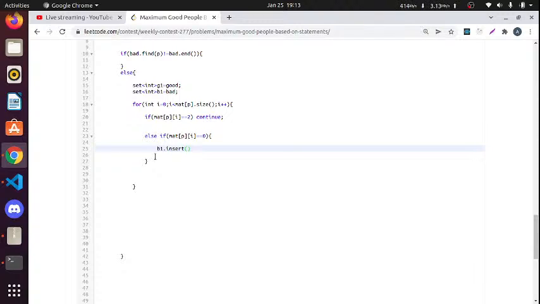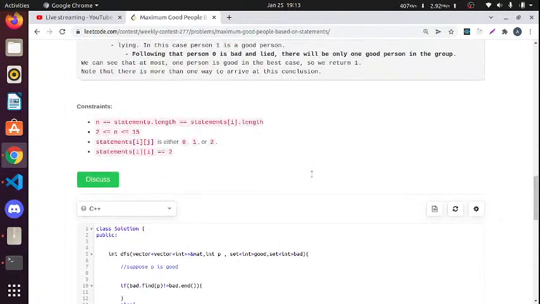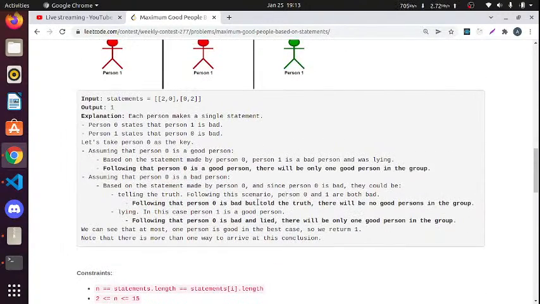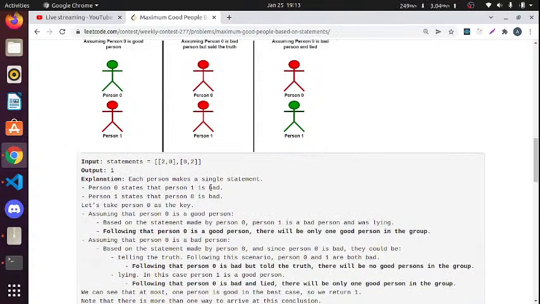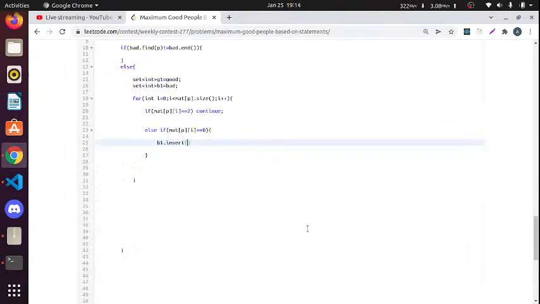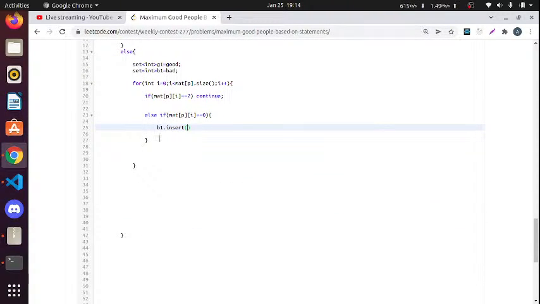And suppose here we find that two persons are contradicting themselves. So either one of them is true, right? Then what will we do? That is the case where we have to take out the maximum case, right? Okay. So these are the three cases.